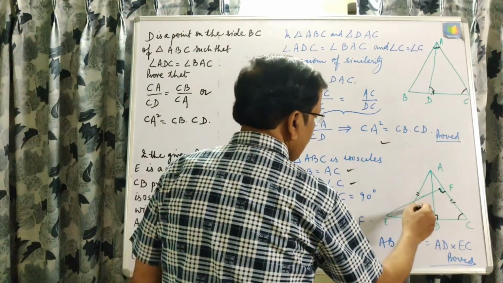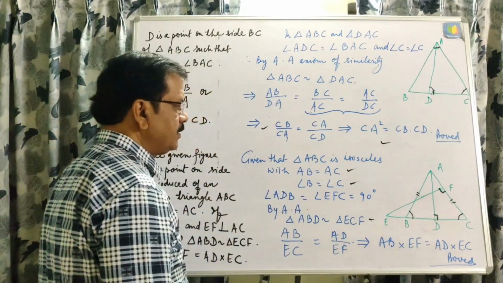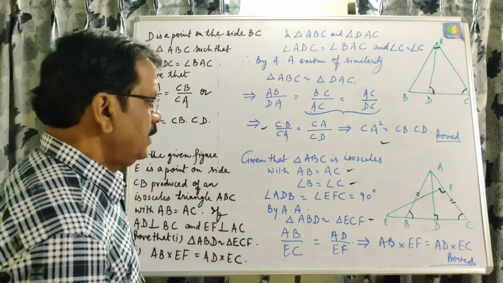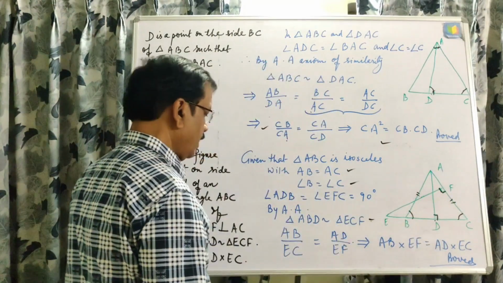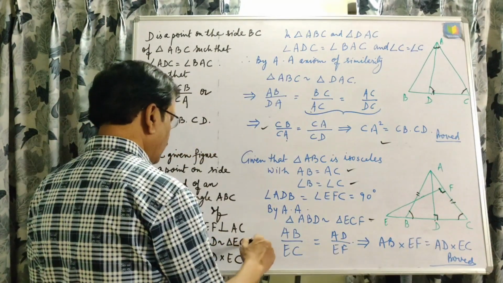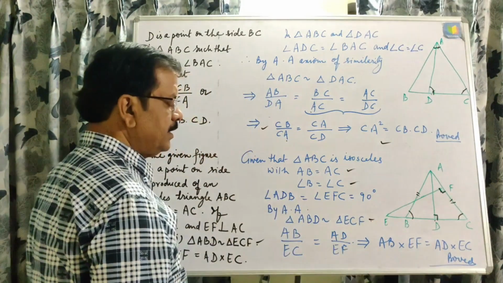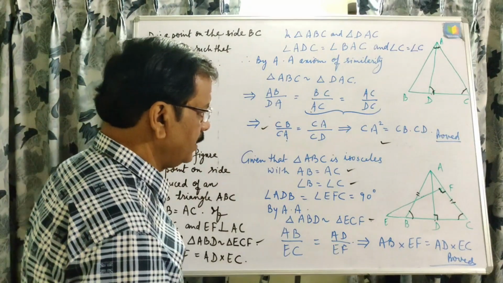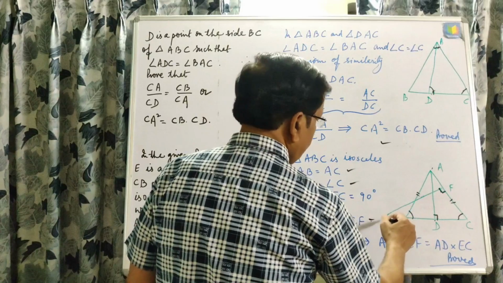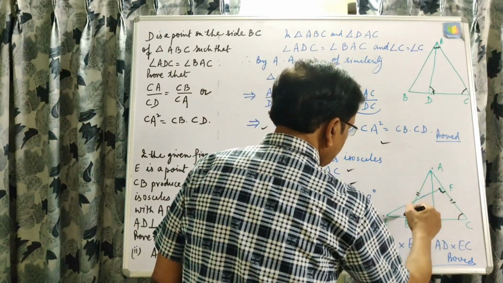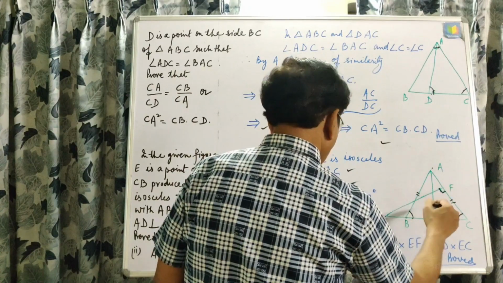So again, by the angle axiom of similarity, these two triangles ABD and ECF are similar. This is what we have to prove. And if these two triangles are similar, then again the ratios of their corresponding sides are equal, that is AB of this triangle upon EC is equal to AD upon EF.